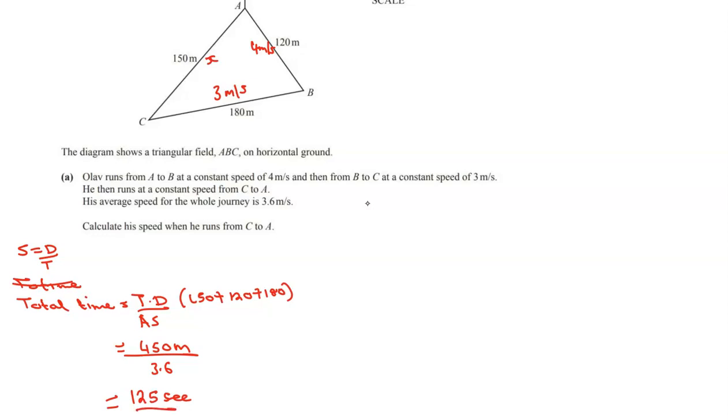So we are also going to look for the time from A to B. From A to B, the time spent is distance over speed, which is 120 divided by the speed, which is 4 meters per second, giving us a time of 30 seconds.